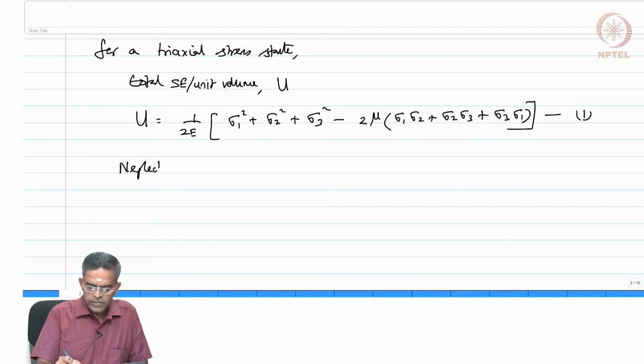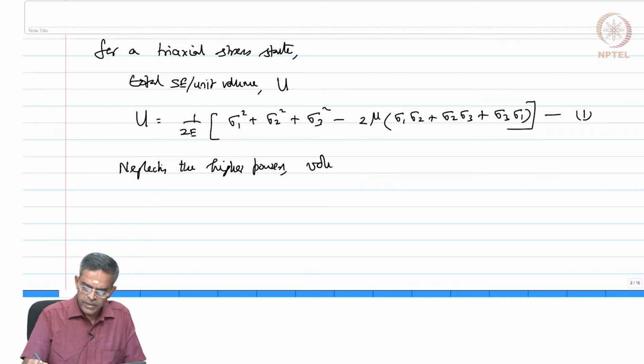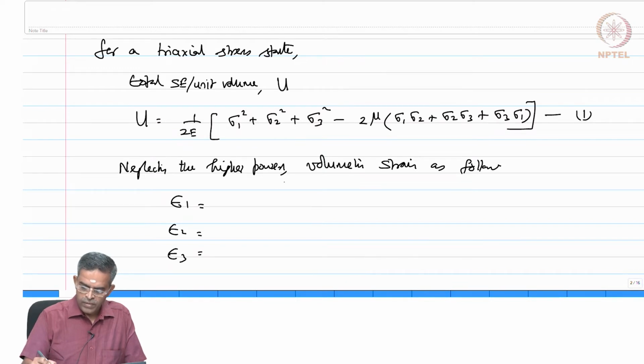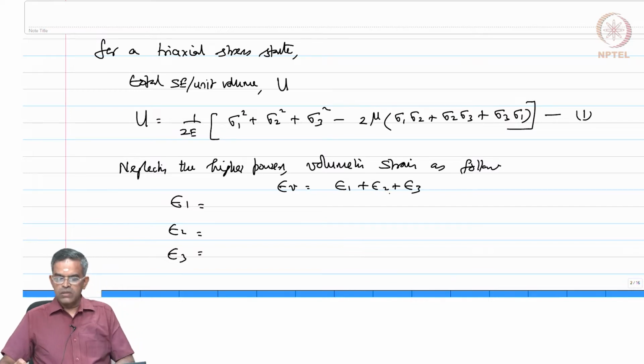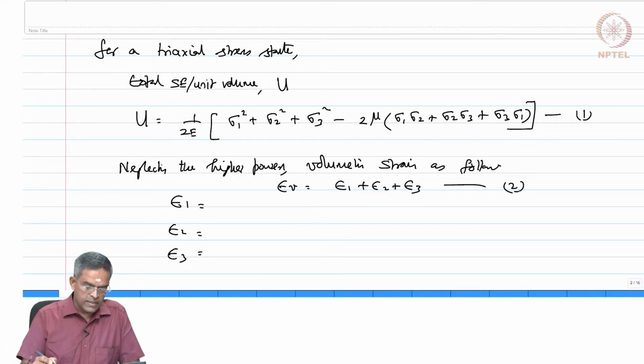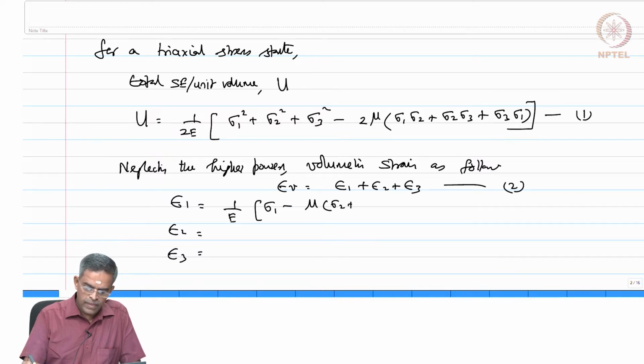Neglecting the higher powers, one can also write the volumetric strain as the sum of the strains in all the 3 axes, where the strains in all the 3 axes are known to us earlier, as I am writing now.